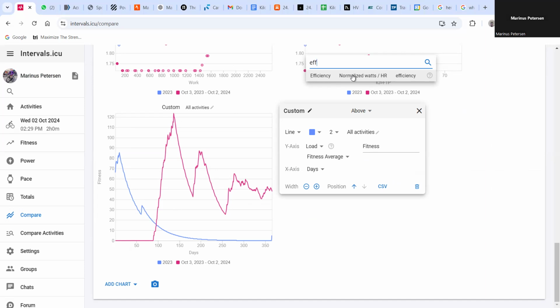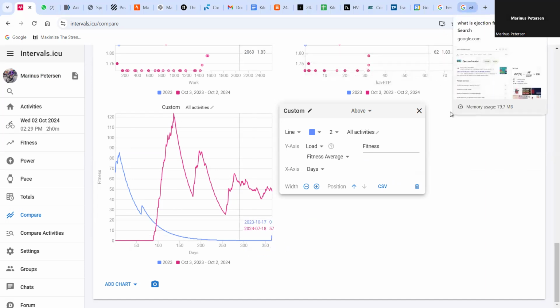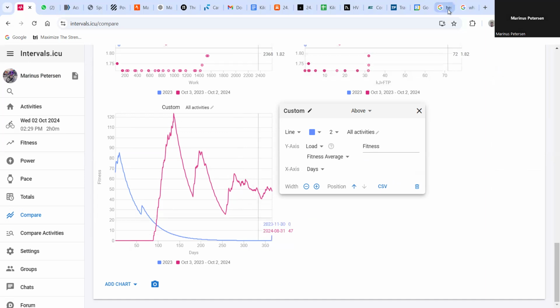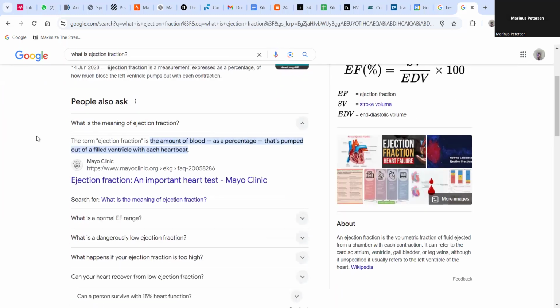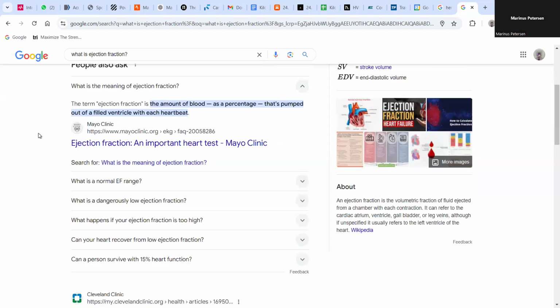So your heart's not going to have to beat as fast. To go at any particular power output, you're not going to need as many beats per minute. So in general, that's something you want to be higher, and it's a better thing to improve.